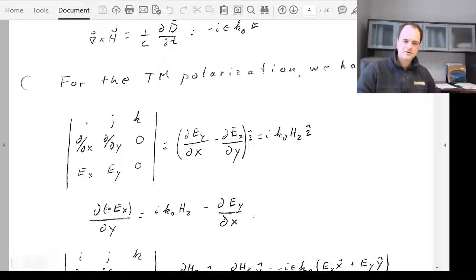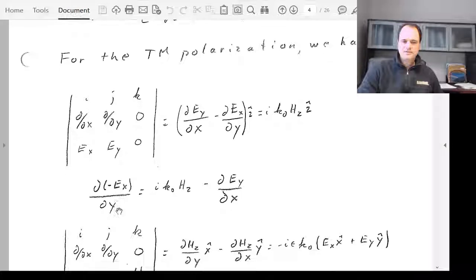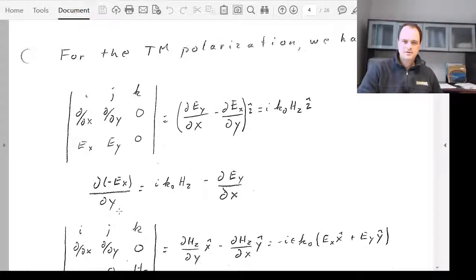So we're actually going to be looking at minus E of x for the TM polarization. Having the minus in there turns out to be convenient and saves some notation, but it's not essential. But just bear with me. Let's have the minus in there, and then that is equal to this side here, but then you bring this over to this side, and you get the partial with respect to x of E of y.